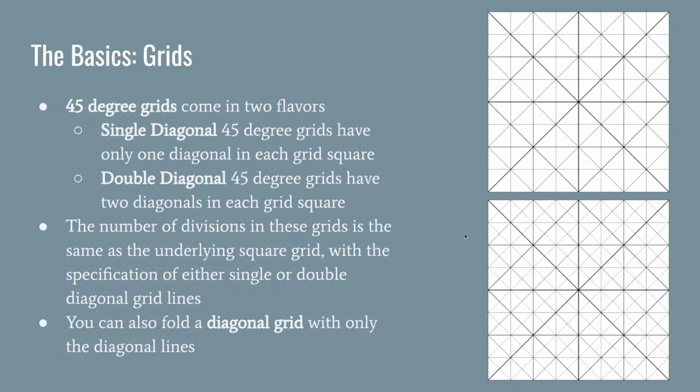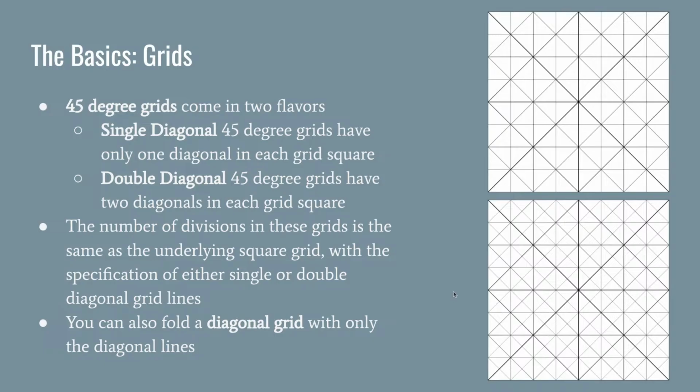And then there's 45-degree grids. I define 45-degree grids as the number of divisions in the square grid, and then it's either a single diagonal per grid square or double diagonal per grid square. And you can also fold just a purely diagonal grid with just the diagonal lines without the underlying square lines.